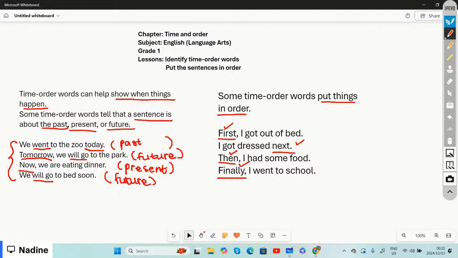All right. So once again, we see that our chapter is time order words, and time order words basically help show when things happen. It helps us show when things happen, and sometimes time order words tell that a sentence is either about the past, about the present, or about the future.